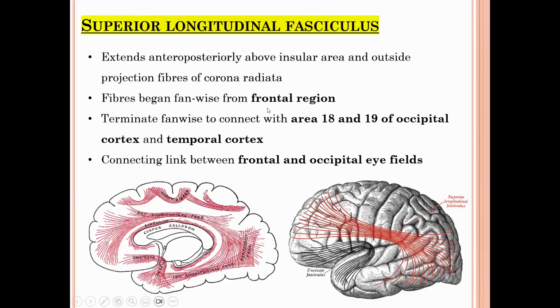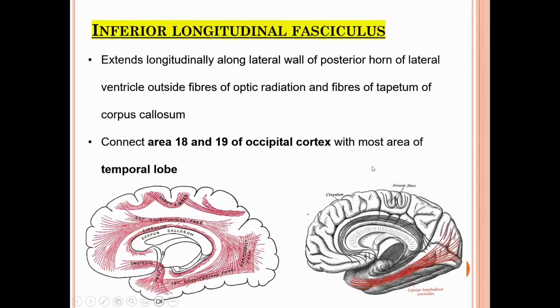They begin fanwise from the frontal region, converge here, and terminate again fanwise. They spread to connect with areas 18-19 of occipital cortex and also temporal cortex. So they are the connecting link between frontal and occipital eye field.